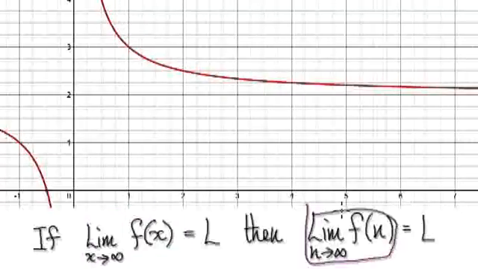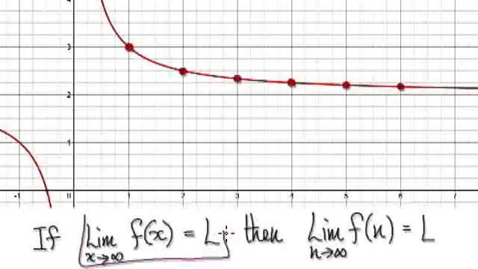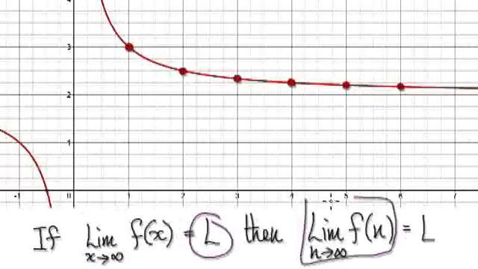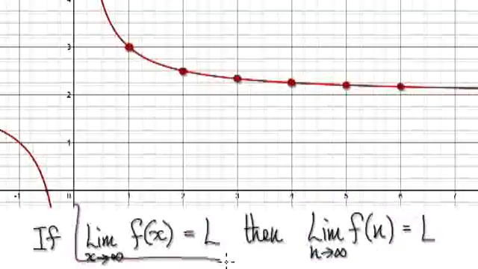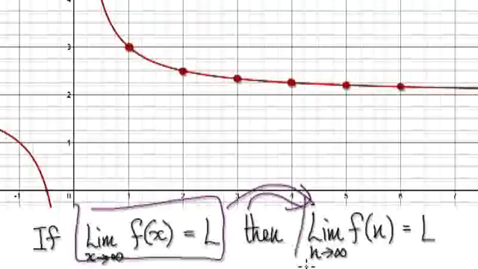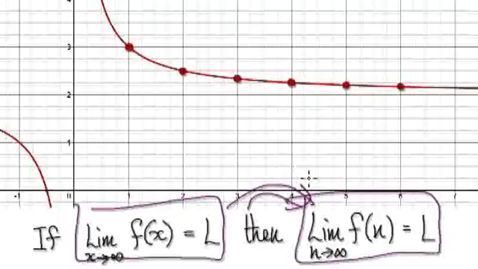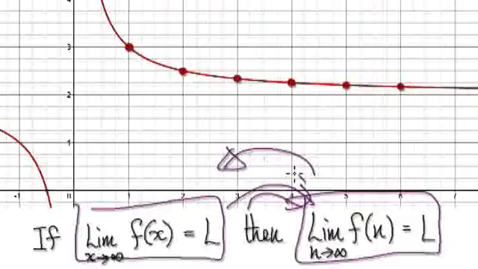When you see this, in your mind visualize these dots. If this function heads towards some sort of limit, then your sequence will also head towards the same limit. So whenever this is true, it will automatically imply that this will be true. But by the way, going backwards will not be true.